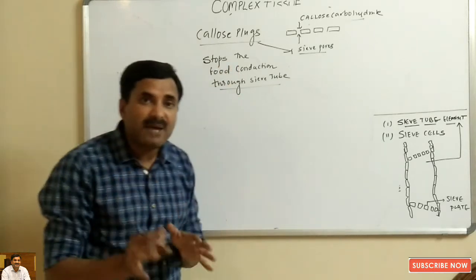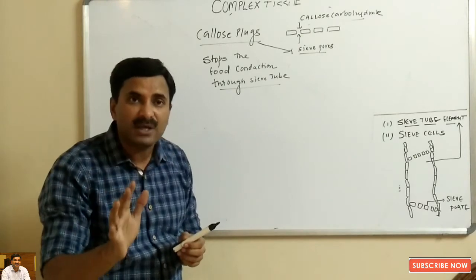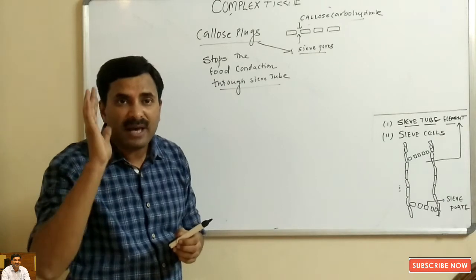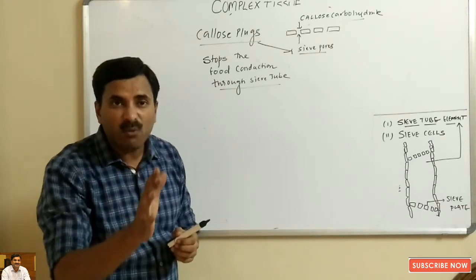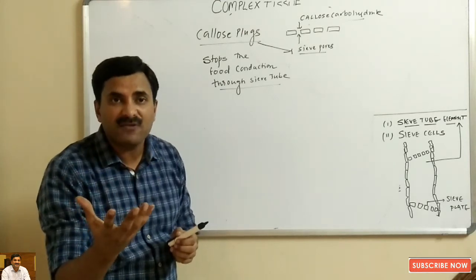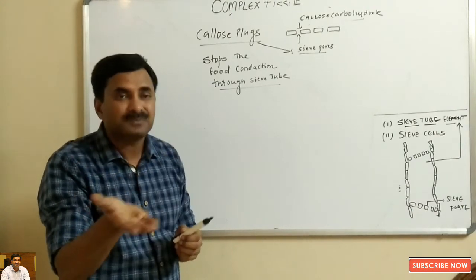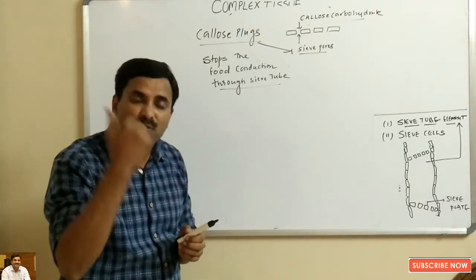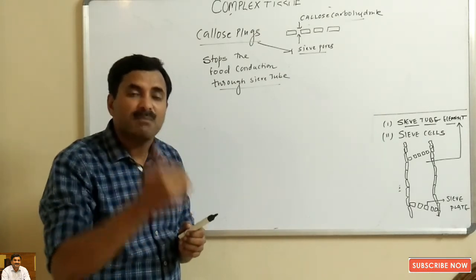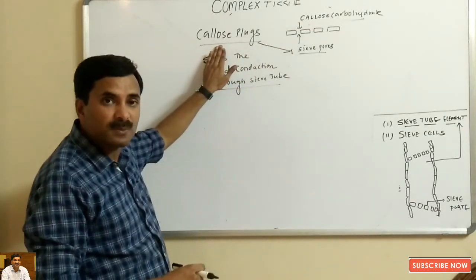Once again I am repeating that sieve tubes are long slender cells. They are thin walled. They are specially present in the angiosperms. In them the nucleus is totally absent. At their end walls special sieve areas are present which have the sieve pores, and a sieve pore bearing plate is called the sieve plate. Through these sieve pores food is conducted, but in the winter season the food conduction stops because of the deposition of callose carbohydrate in the form of callose plugs.